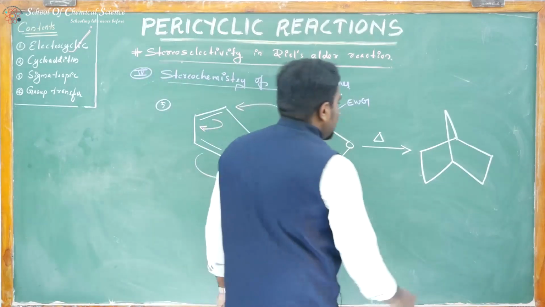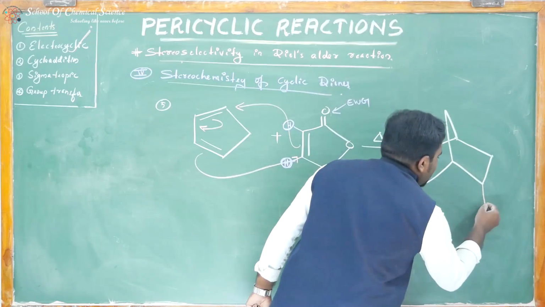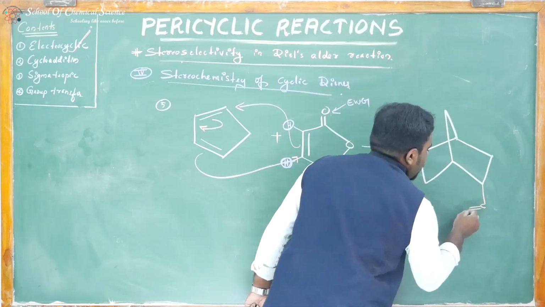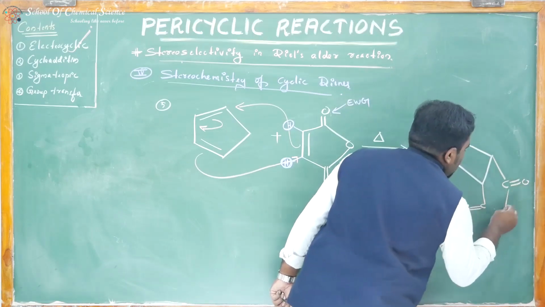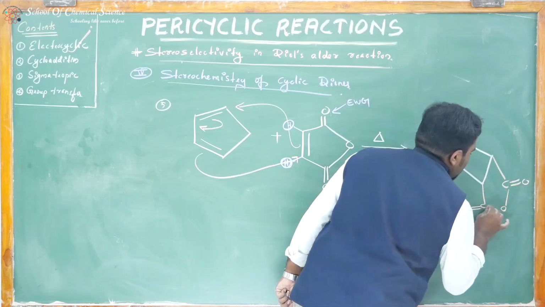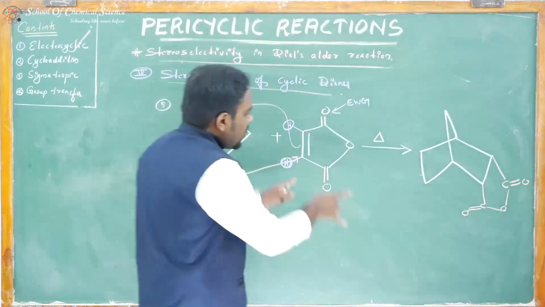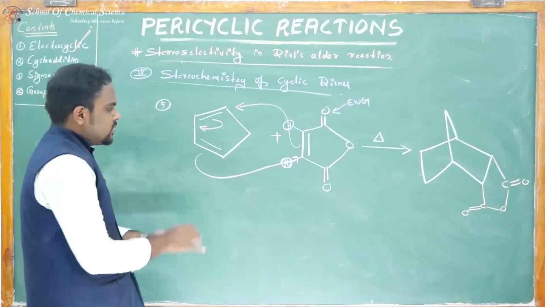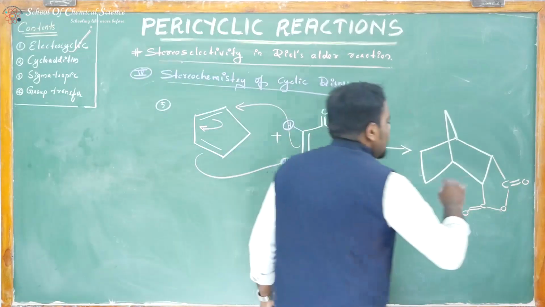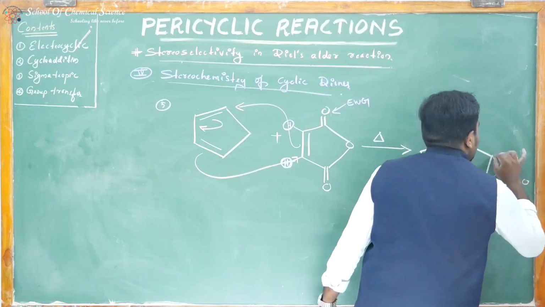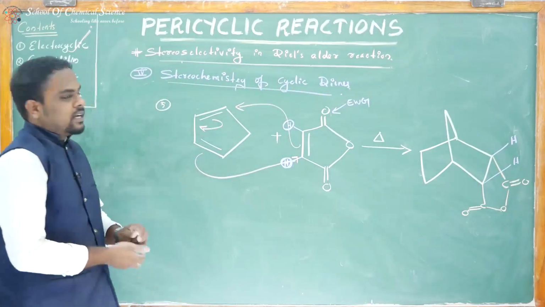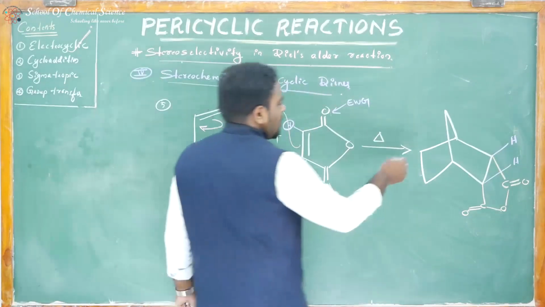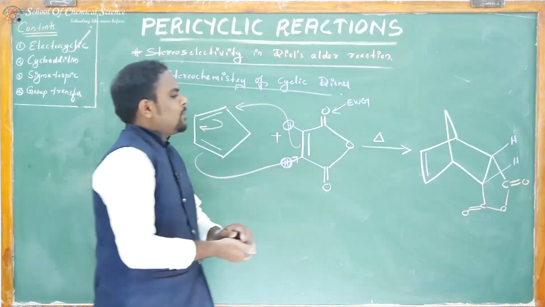Here also C double bond O. So the electron withdrawing group in endo position and the corresponding hydrogens in exo position. That will be your product. Clear? Here a pi bond, a double bond, is there.